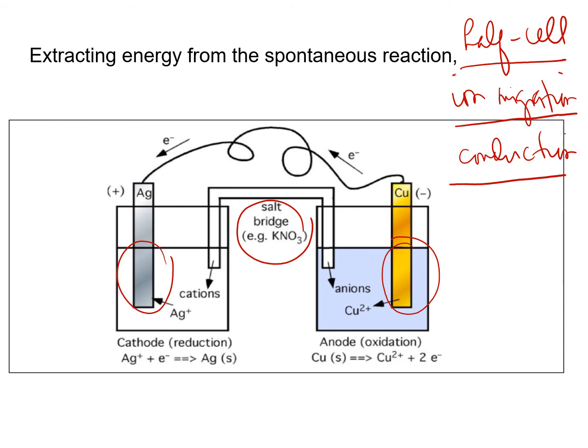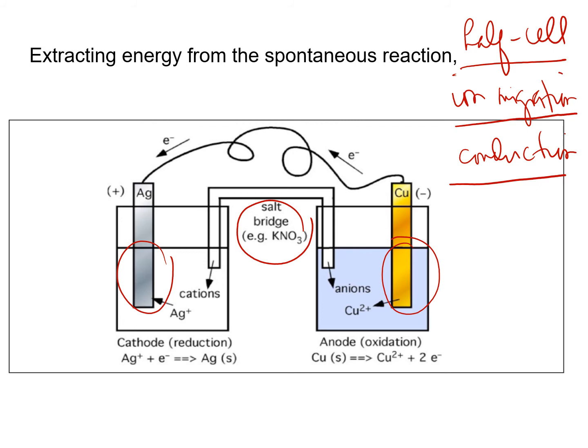To counter this build-up, our anions from the salt bridge would enter. And to counter this positive charge buildup, the anions migrate from the salt bridge towards the anode solution.